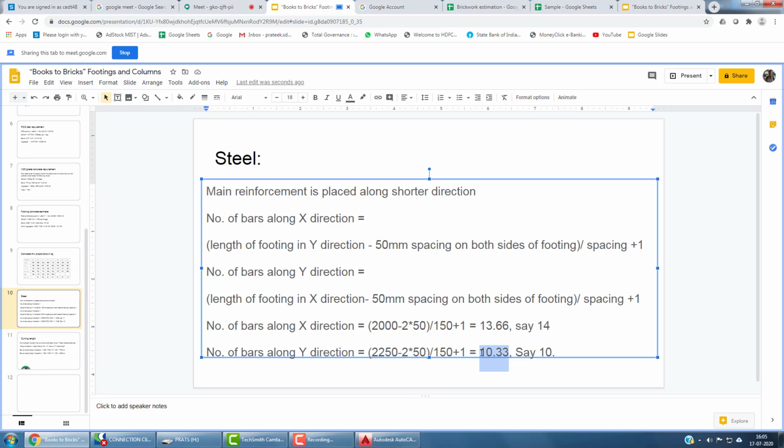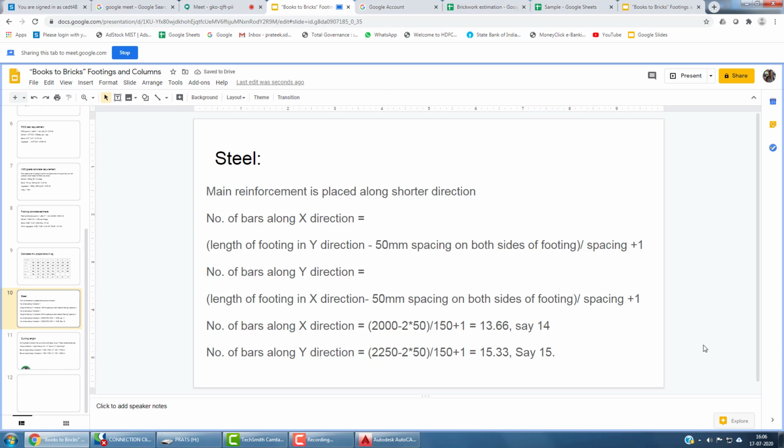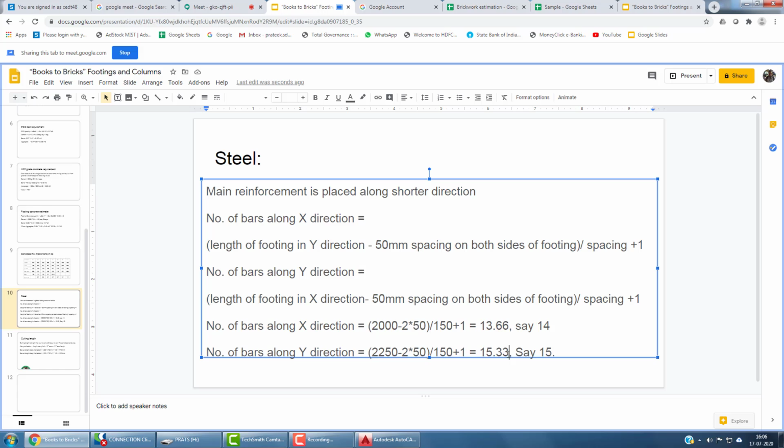So how much is my value here? Sorry, 15.33. Is it clear?